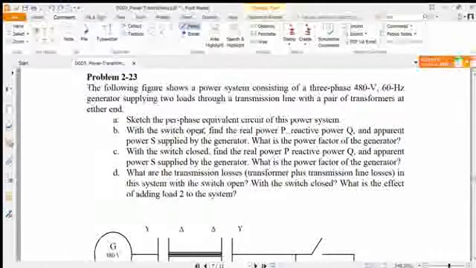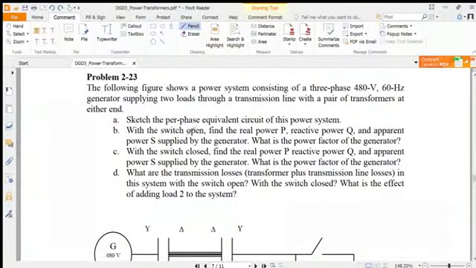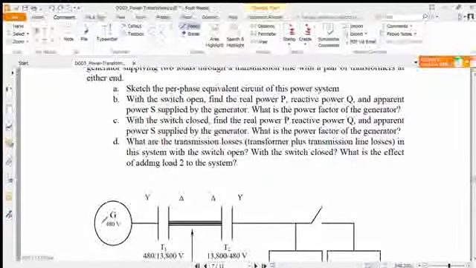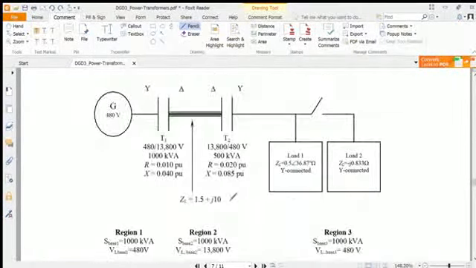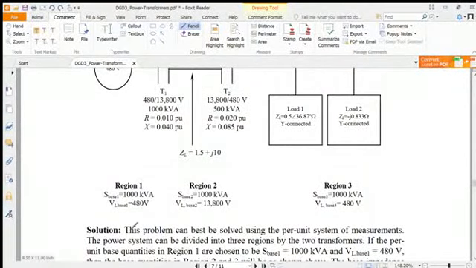Okay, so first of all we have to define the per phase equivalent circuit. You see the generation unit is a generator rated 480 volts and 60 hertz. This generator is operating at this rating. All the kVA ratings and base values in all three regions are given here, so we don't have to find the base values.